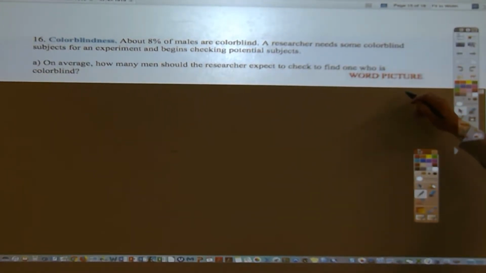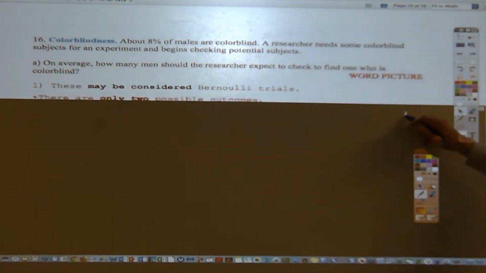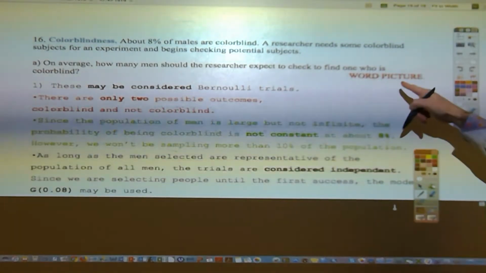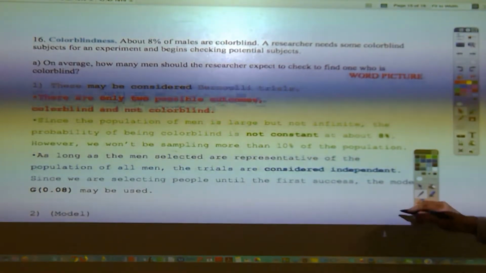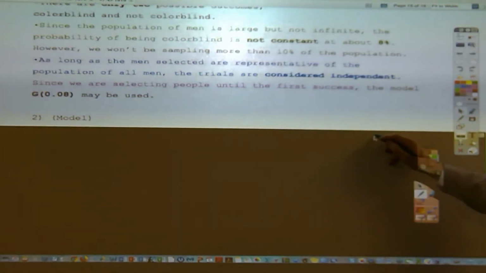How many men should the researcher expect to check to find one who is colorblind? Now, that's kind of like a first success, so we're using G of 0.08, which is review.